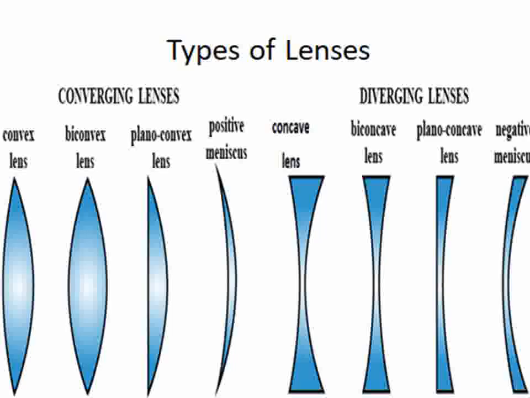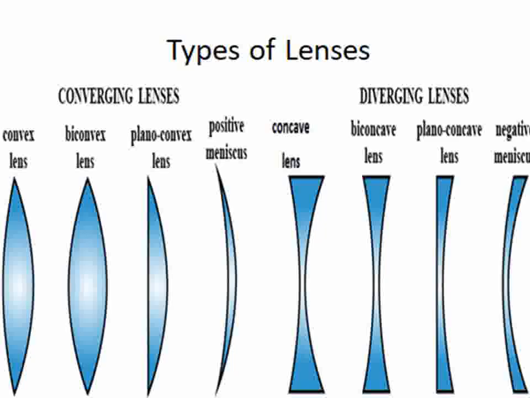Converging means collecting light towards the principal axis, that is, bending rays of light towards the principal axis. Diverging means spreading light away from the principal axis. After passing light, it is in diverging form from a concave lens.